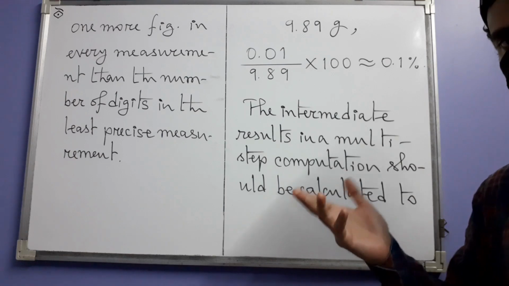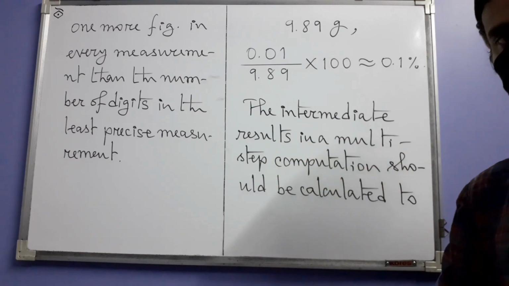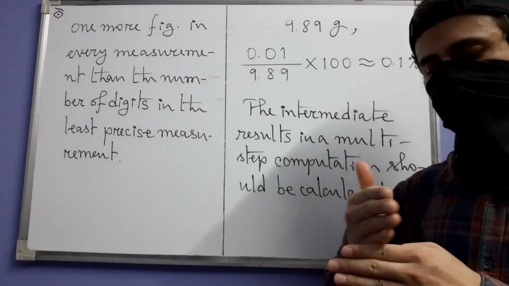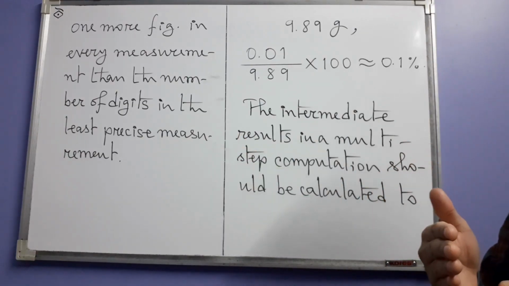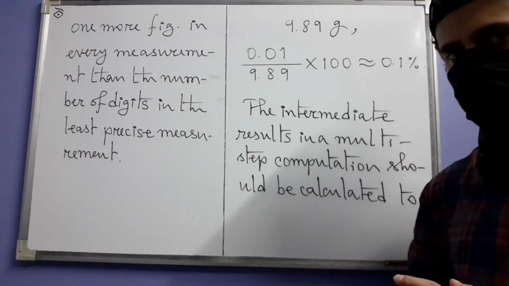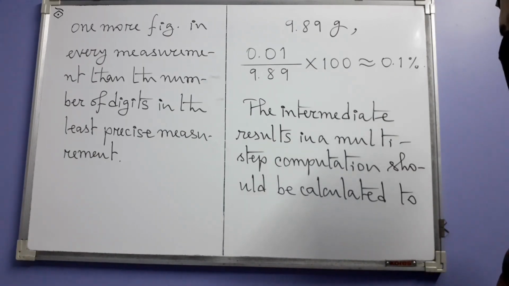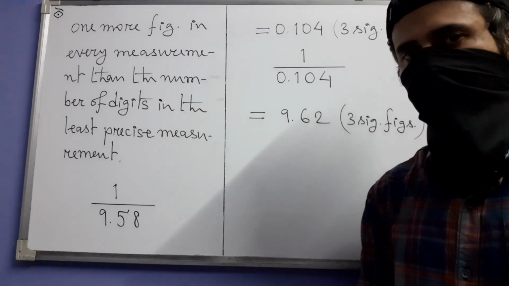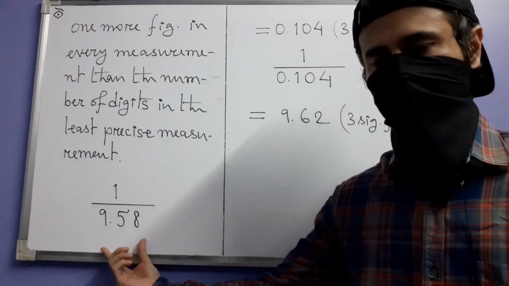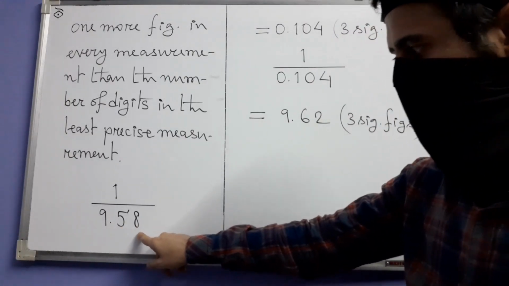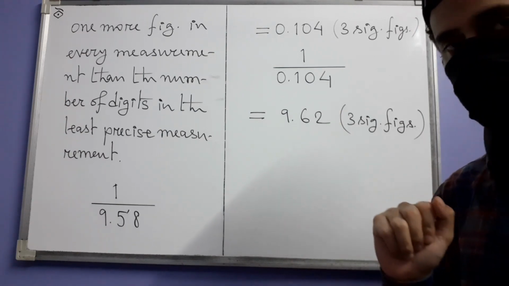Let us see what happens if we don't do this. If we don't follow this rule and say the smallest number of significant figures involved in our quantities is 3 and we use only 3 significant figures, something will go wrong. Let us see. To keep things simple, say our calculation actually has only one approximate quantity and the value is 9.58. So you can see there are 3 significant figures, and what are we doing with this?